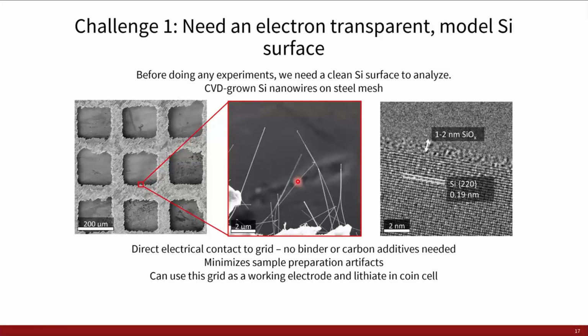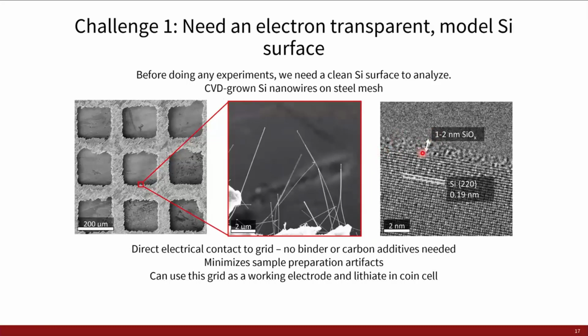So to get around this, we looked to what we previously did with lithium metal, and we actually grew silicon nanowires on a stainless steel TEM grid mesh. And basically, these silicon nanowires provide electron transparency, and they're also very high quality. They're single crystal with a thin native oxide layer shown here, but they also have direct electrical contact to the TEM grid.